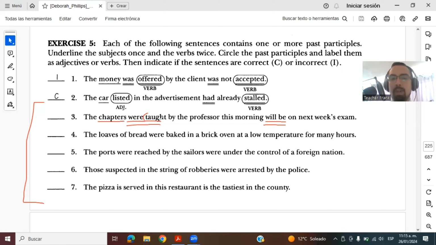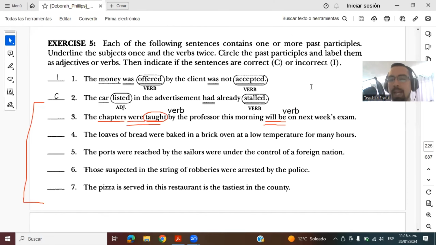Taught is a past participle, but in this case it's a verb, right? Because before it is a variation of the verb be, which is were. And will be, in this case, is just a verb, right? So we have a double verb. Well, let's say this is also a verb structure.